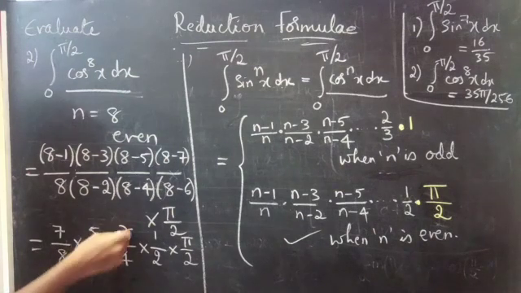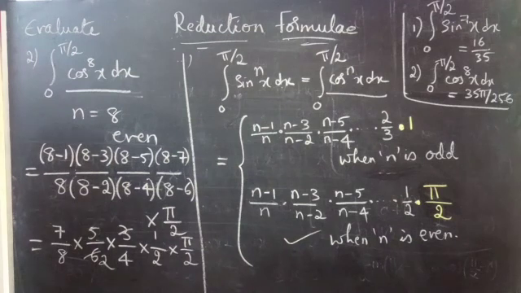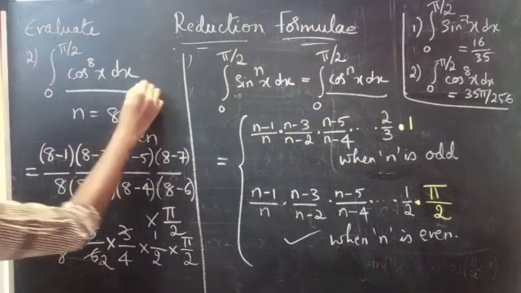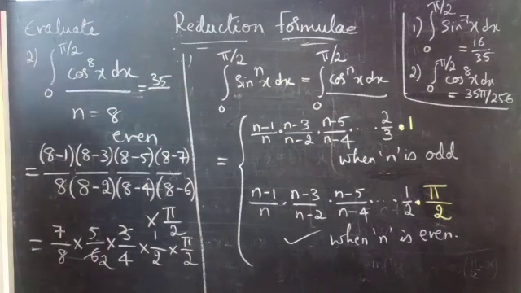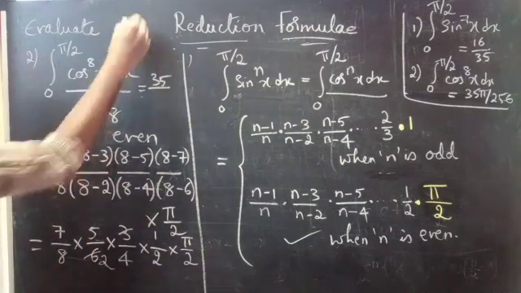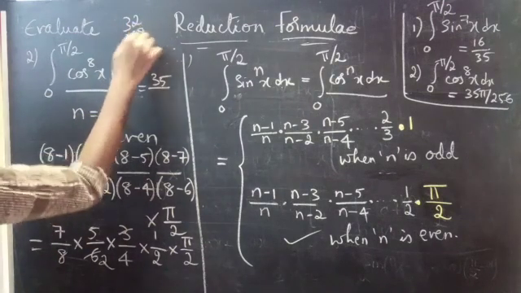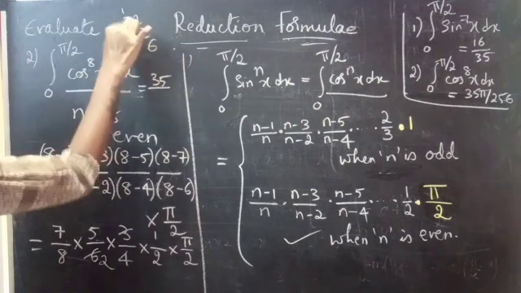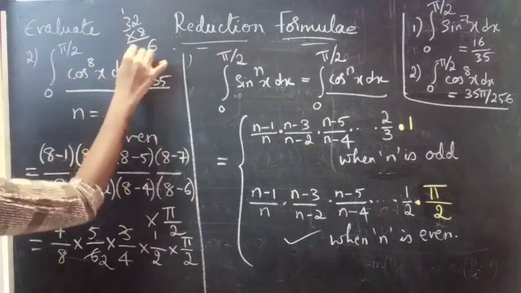Now 3 2s are 6. This equals 7 5s are 35 by, 2 4s are 8, 8 2s are 16, 16 2s are 32, 32 into 8. 8 2s are 16, 8 3s are 24 plus 1, 25.